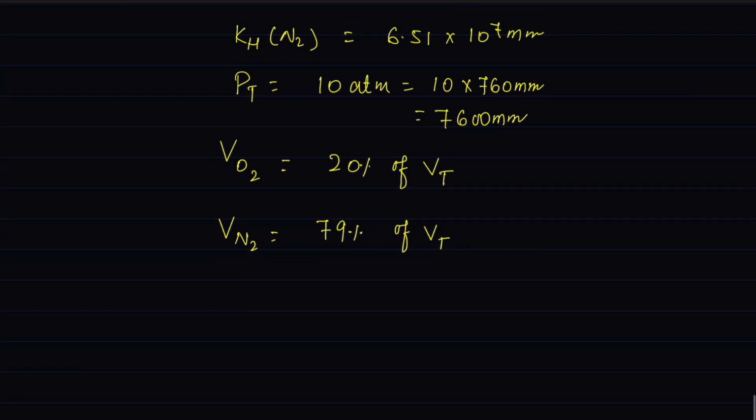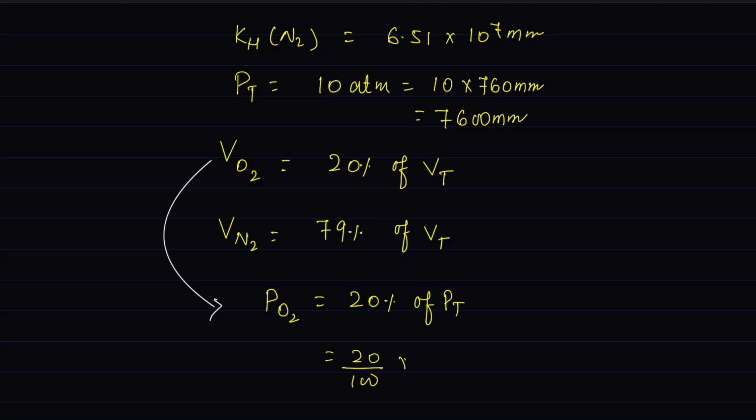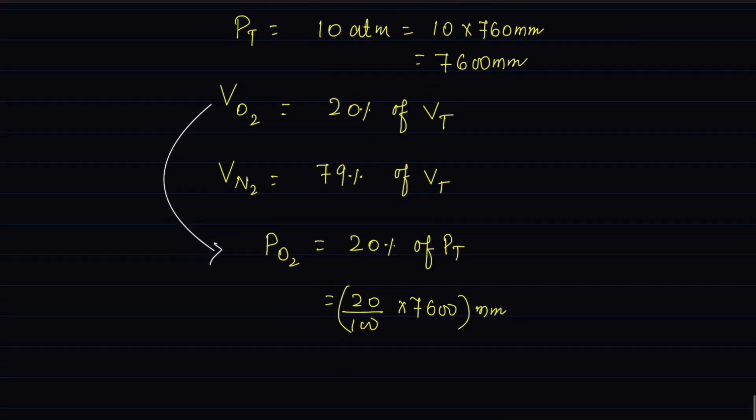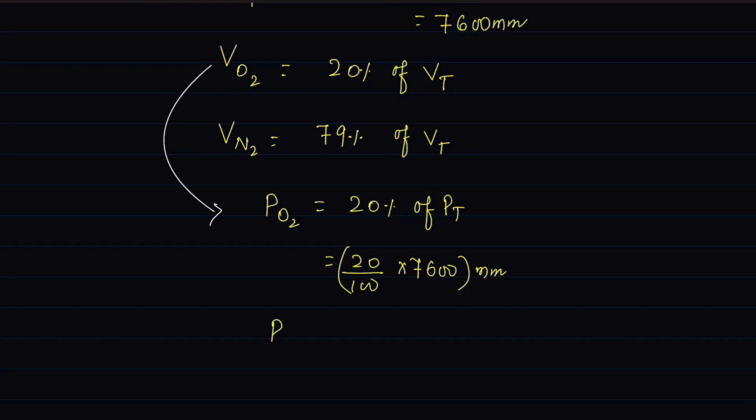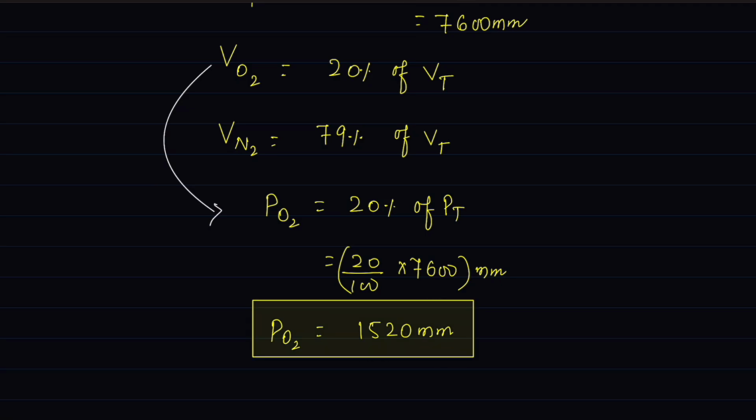So if we have to find how much pressure the oxygen will carry, we solve it by: pressure due to the oxygen is equal to 20% of total pressure. It's equal to 20 divided by 100 into 7600 mm. So it's equal to 1520 mm. So we got the pressure due to the oxygen.